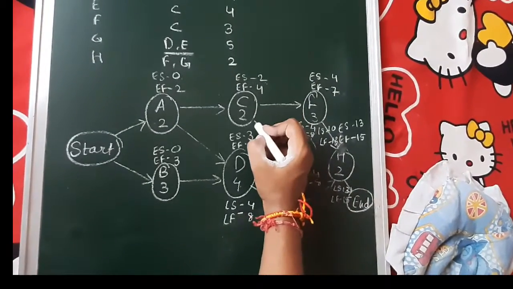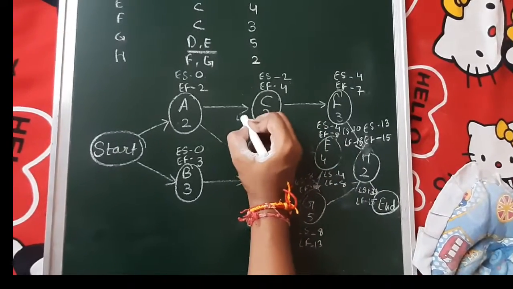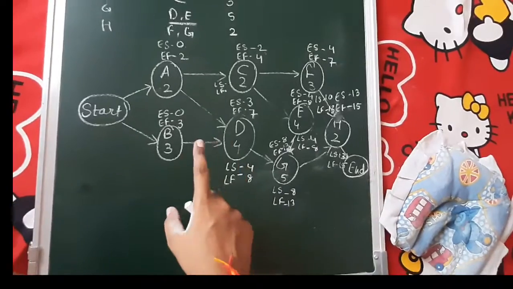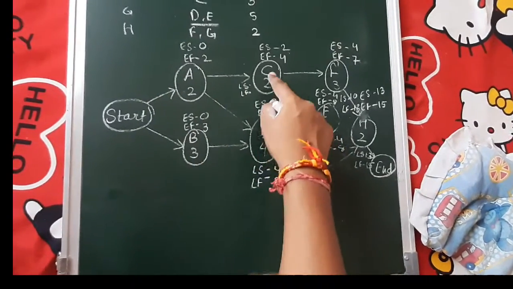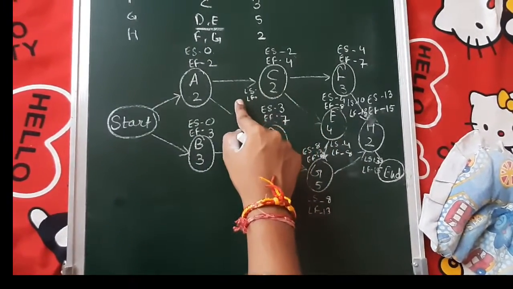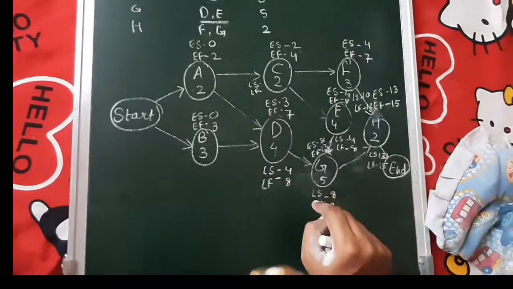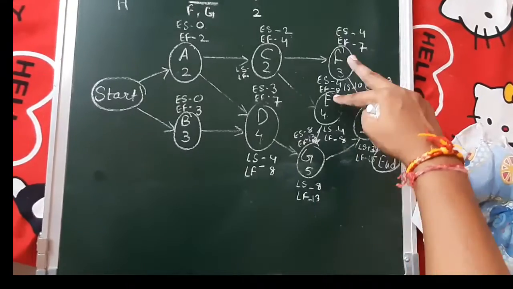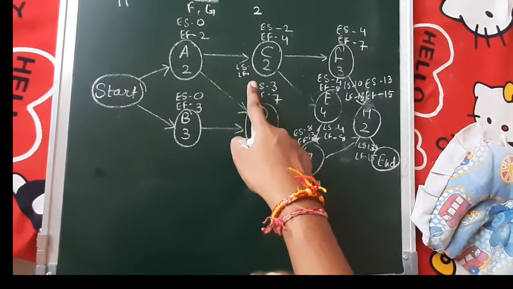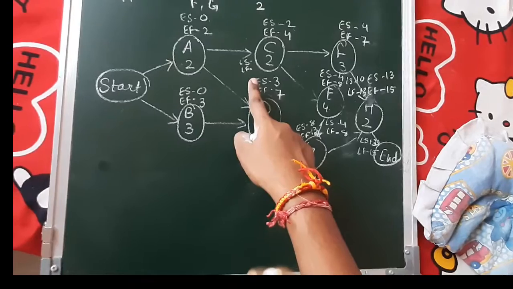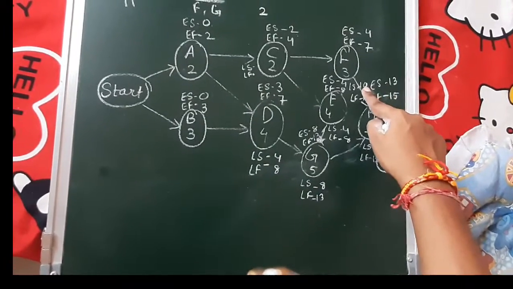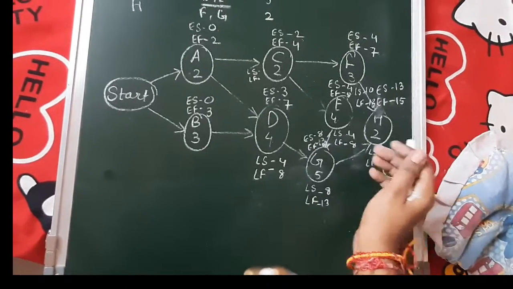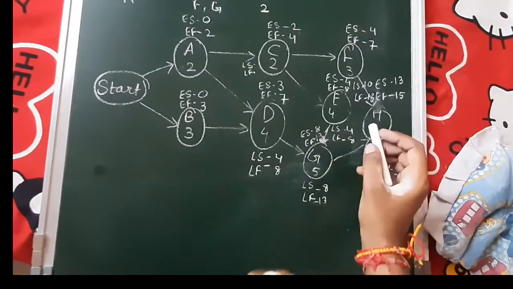Now for C. I have a space constraint, so kindly write the late start and late finish below the C activity. Now here we have two activities following C. Here late start is 10 and it is 4 here. When we are looking at late start and late finish, we go with the smaller number.